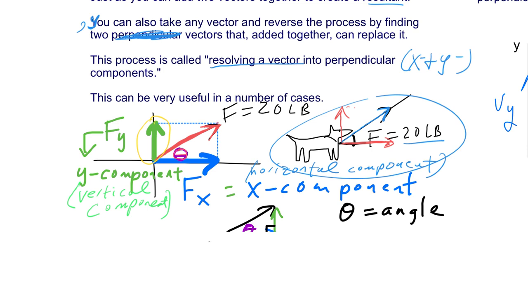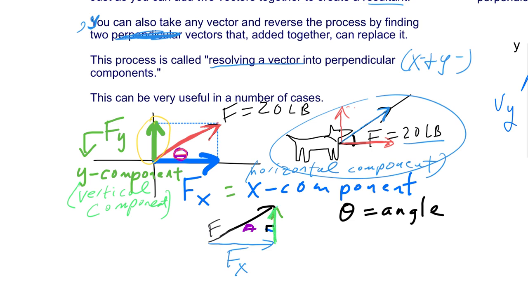So here we go. Here's the force. And here's the horizontal component, Fx. And here's the vertical component.